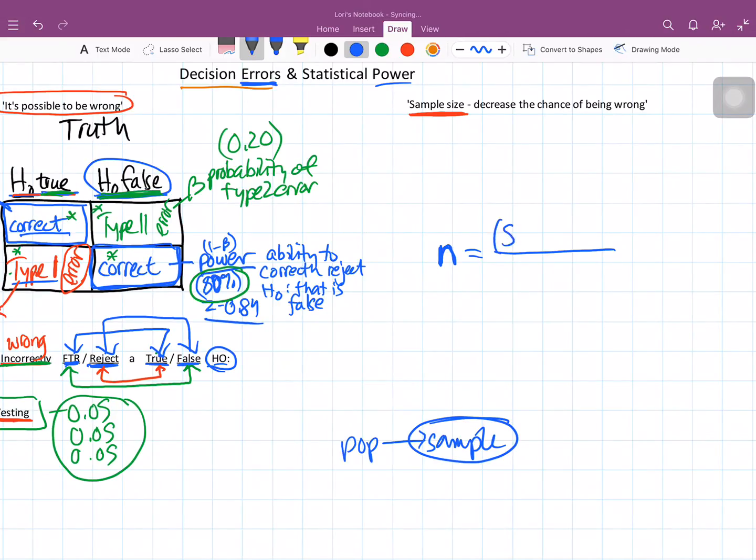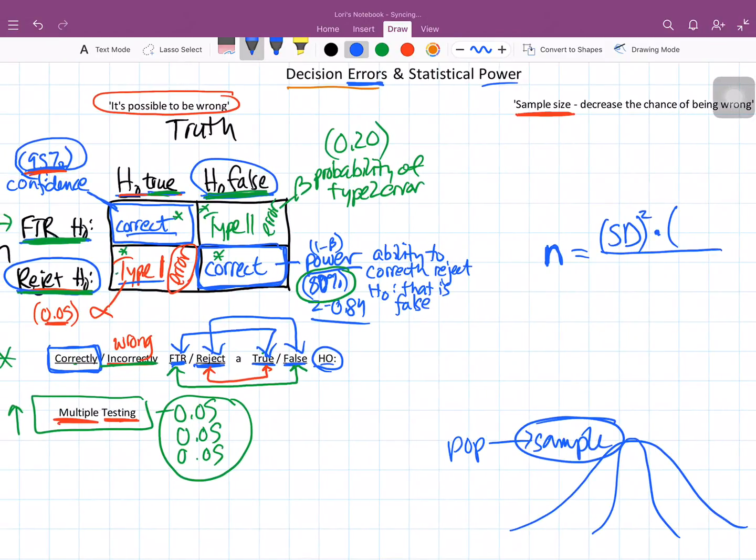The sample size is related to the standard deviation, or how far the sample is spread out. You know, it could be kind of wide, or it could be that the sample is narrower distributed. So this sample size, or standard deviation squared, times the z that goes along with our confidence.